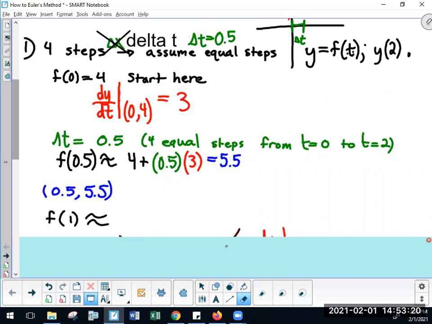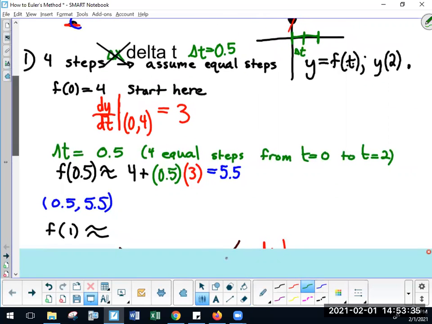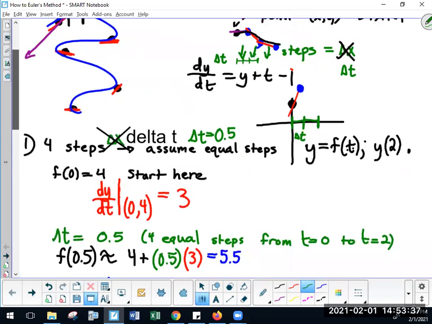So delta t takes us this far, but the question is, what is the path I follow along? And that is where the derivative comes in. This time, we're not doing the derivative at 0, 4, right? The derivative at 0, 4 got us this. What we're doing now is the derivative at 0.5 comma 5.5.